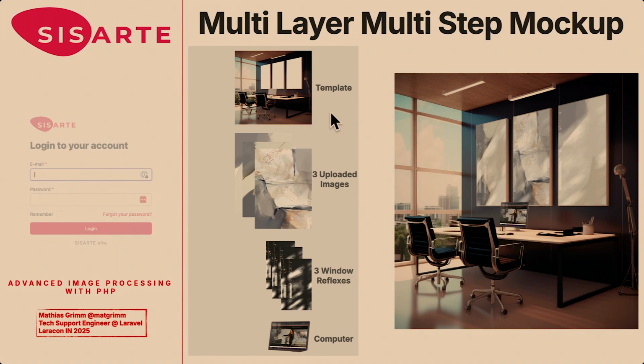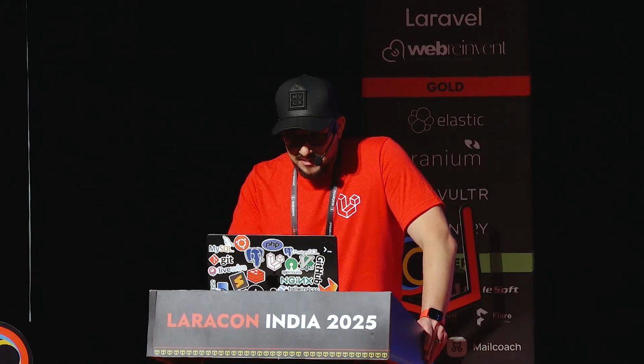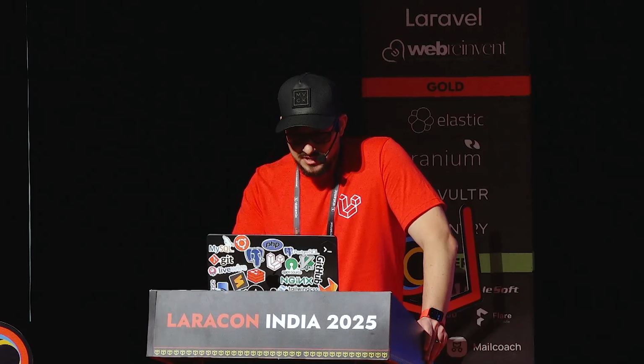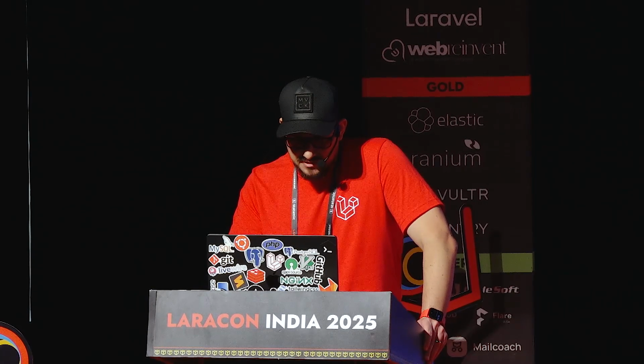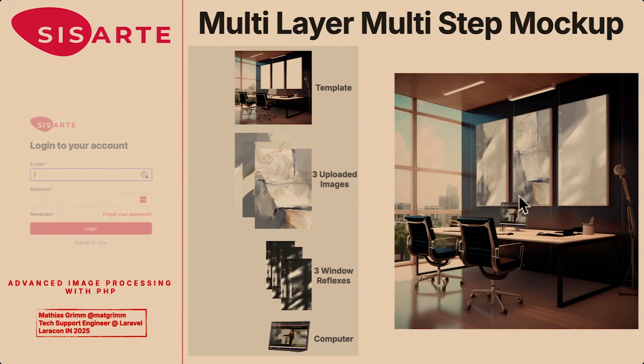In this template, instead of the user uploading one image, he will upload 3 images. On top of the images, we also merge some window reflex, and we do that for the 3 images. As the last step, for example, we add this computer in front of the frames. So this is really powerful.